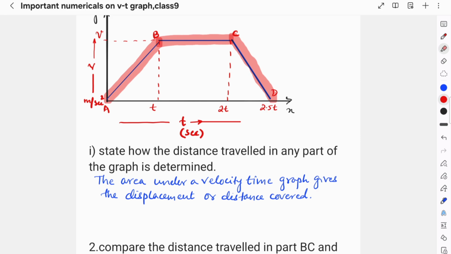So if we want to know the distance traveled from A to B or the displacement from A to B, we have to calculate the area in this part. That is the area being formed by triangle ABT. Okay. So this area will give us the distance traveled from A to B.